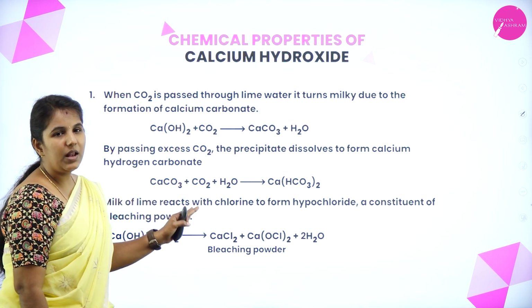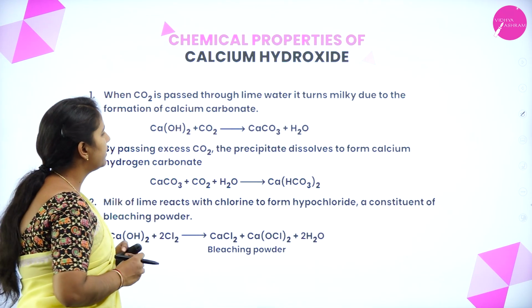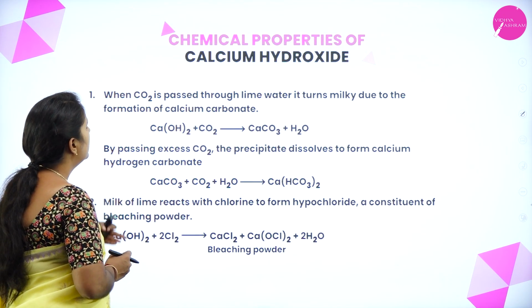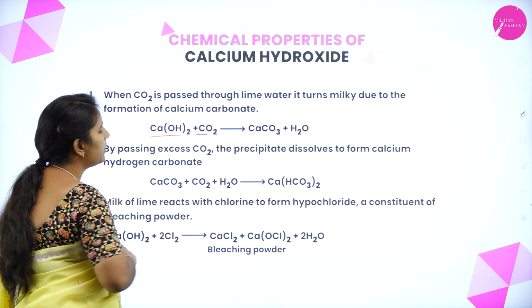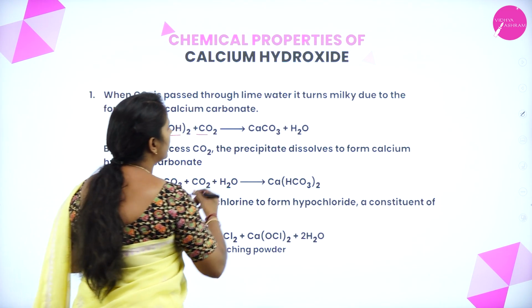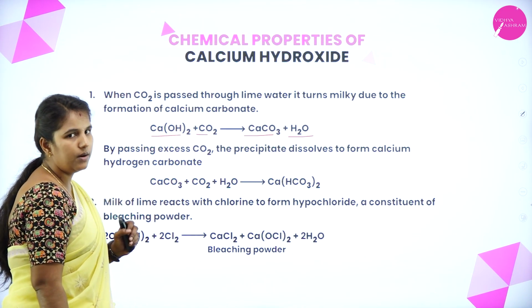Next are the chemical properties of this calcium hydroxide, which is nothing but slaked lime. So when calcium hydroxide reacts with carbon dioxide, it forms what? Calcium carbonate with the formation of water.